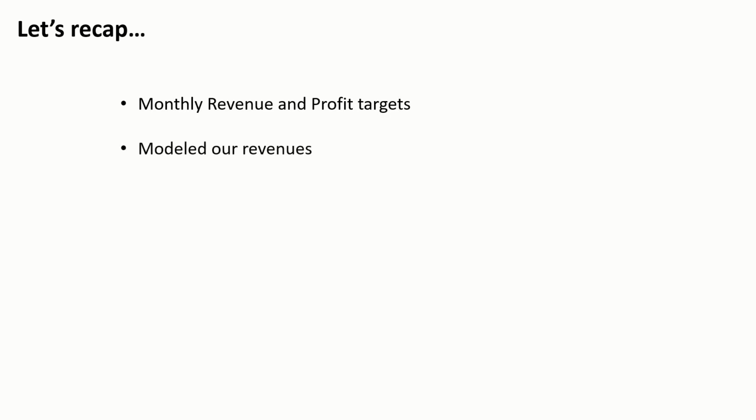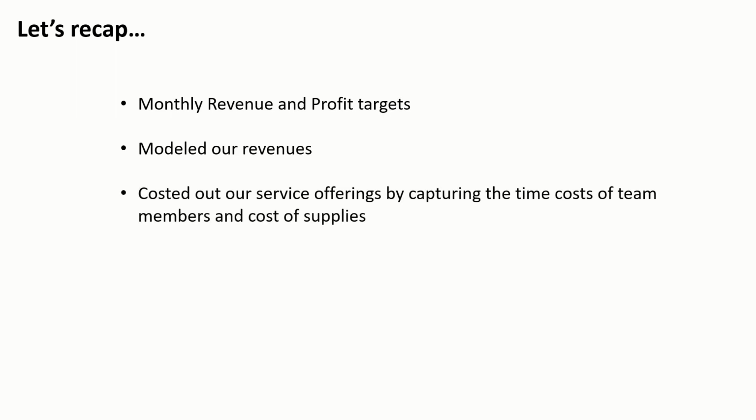We then went and modeled our revenues using our actual service items, whatever's on our menu, the prices that we fixed in our business, and the number of customers we have per week, etc. After that, we went and costed our service offerings using time costs and also cost of supplies. And finally, we looked at what other costs are there in the business, including your variable and fixed costs.